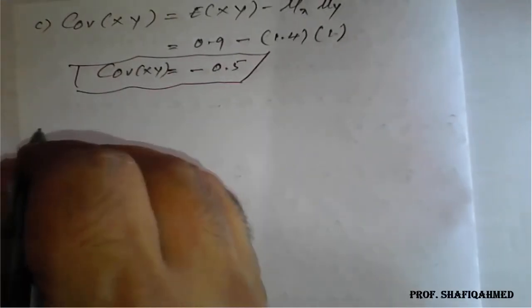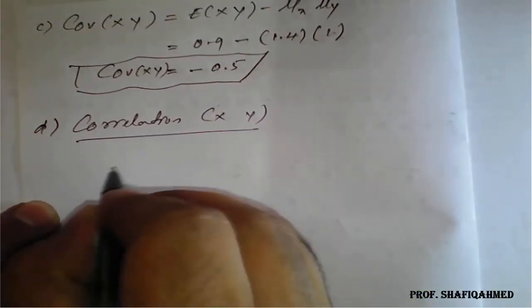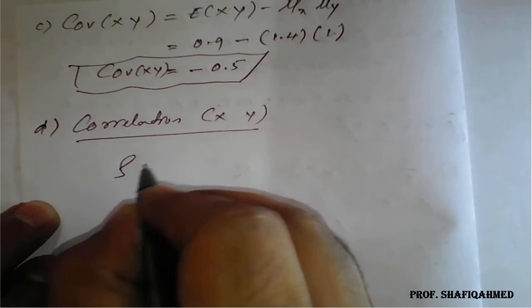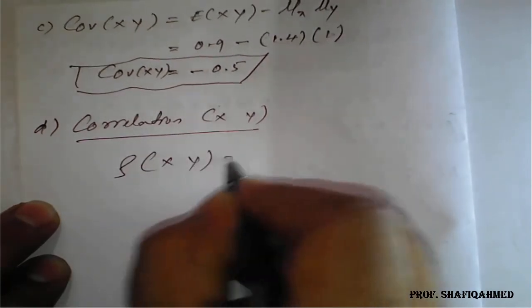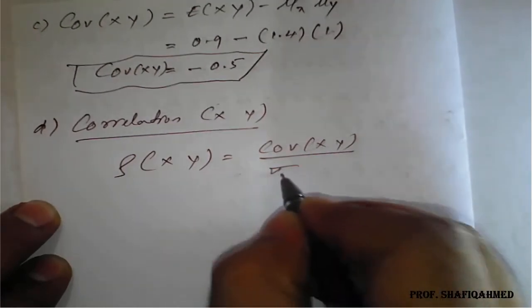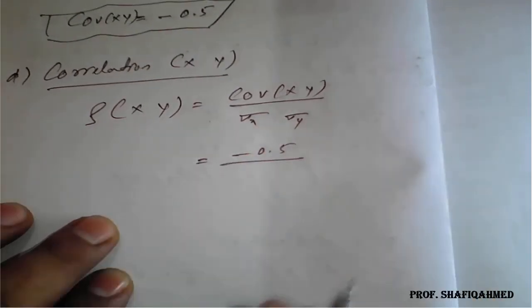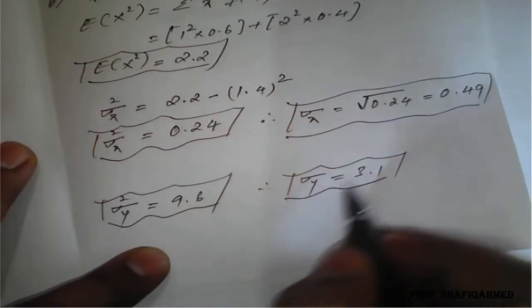So last one, d, we need to calculate. Correlation of xy. This is given by rho of xy, that is covariance of xy divided by standard deviation of x times standard deviation of y. Covariance we got as minus 0.5, standard deviation of x we calculated is 0.49, and standard deviation of y is 3.1.